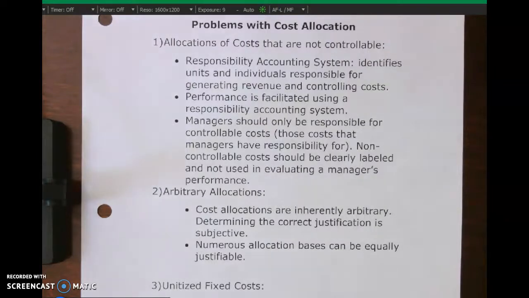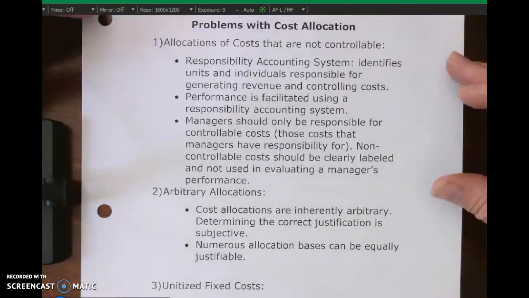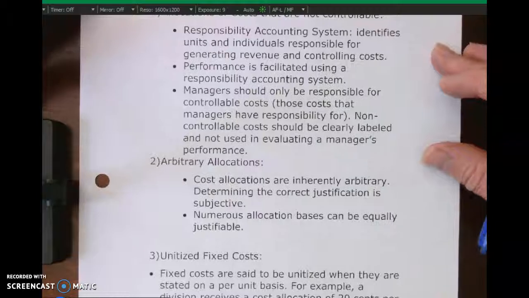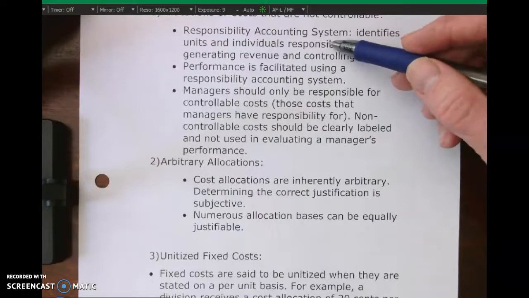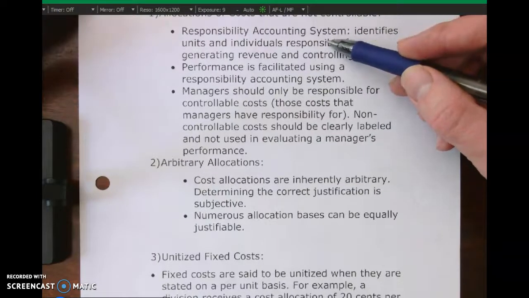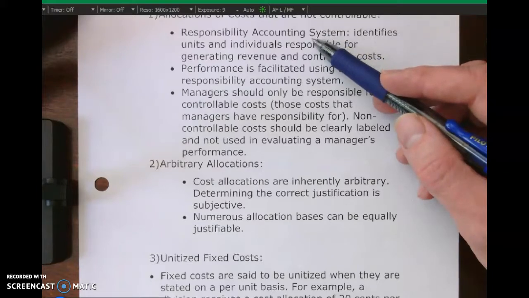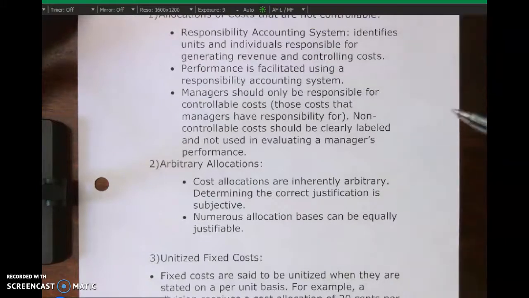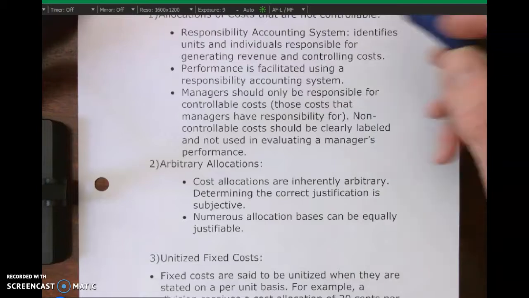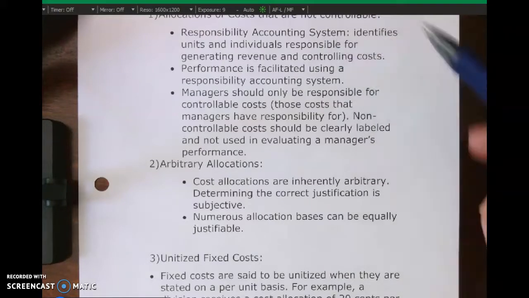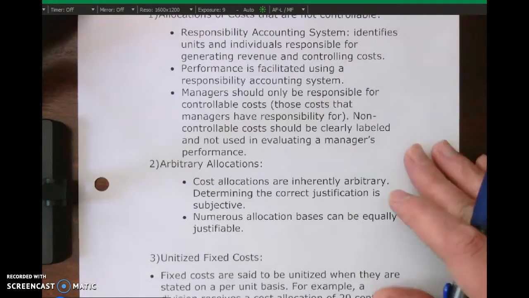If it's outside their control, it's not fair to hold them accountable for that. How can we make sure that the manager is only accountable for those costs within their control? We can have a responsibility accounting system. We have a responsibility center, and we track costs and revenues by that responsibility center. I'll talk about that more in a few minutes.